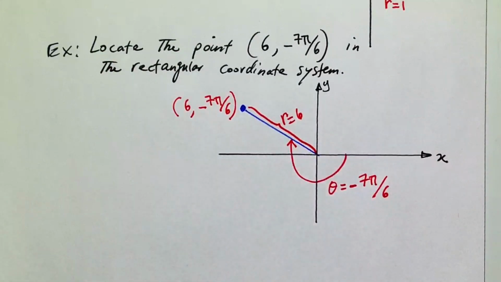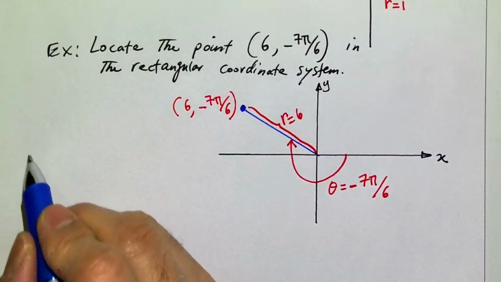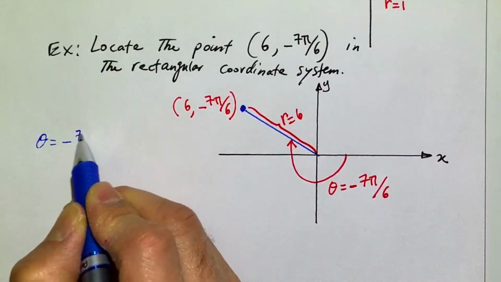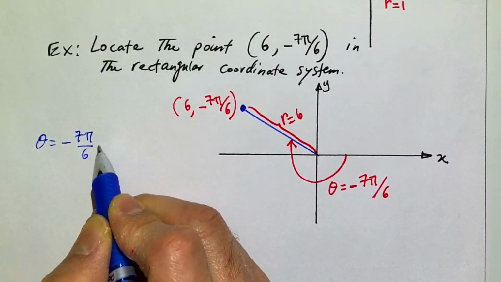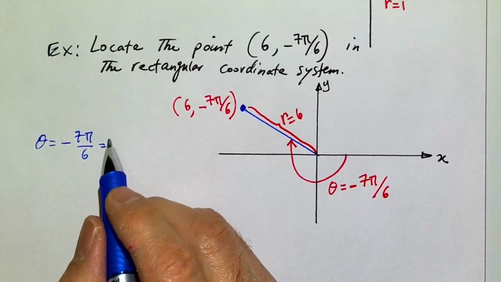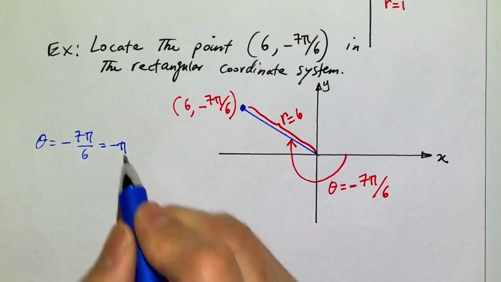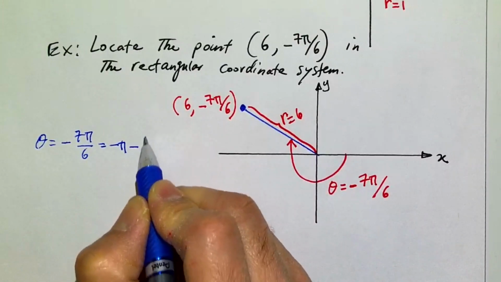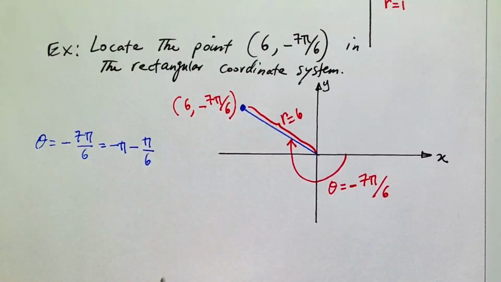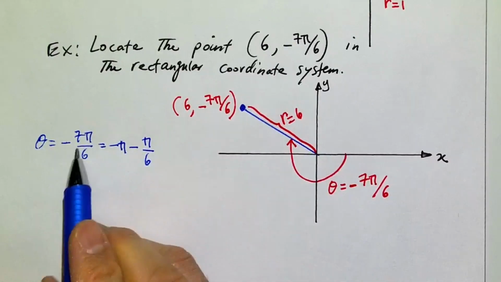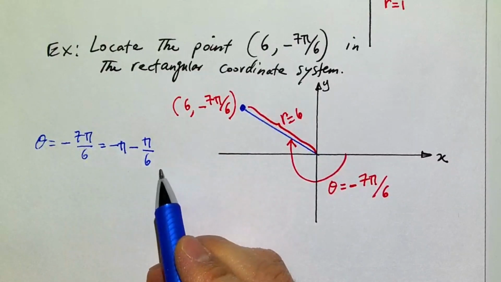So to get to that, in other words, let me write it down. Theta being negative 7 pi over 6 is the same thing as going negative pi and then additionally another negative pi over 6. And that would be negative 7 pi over 6.